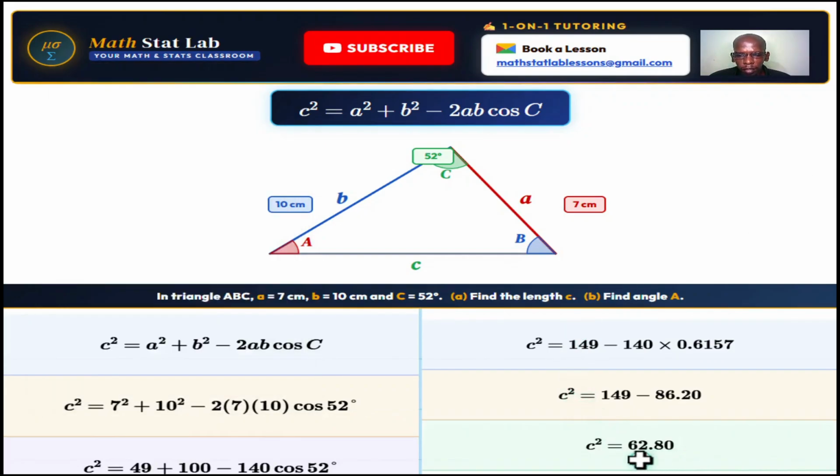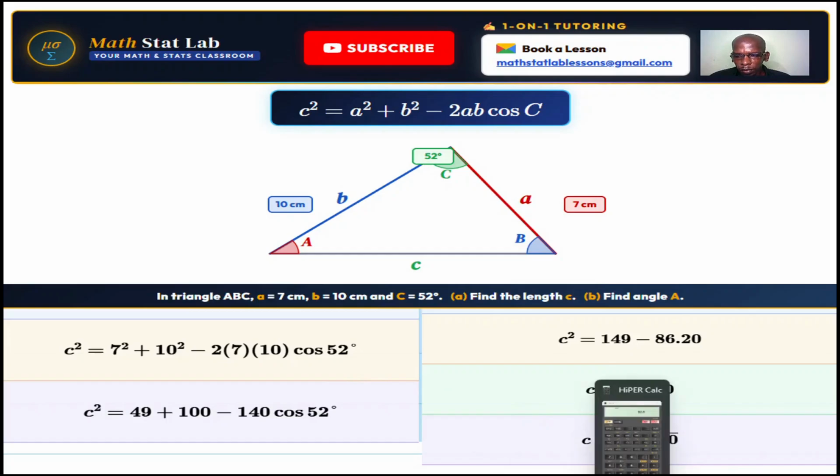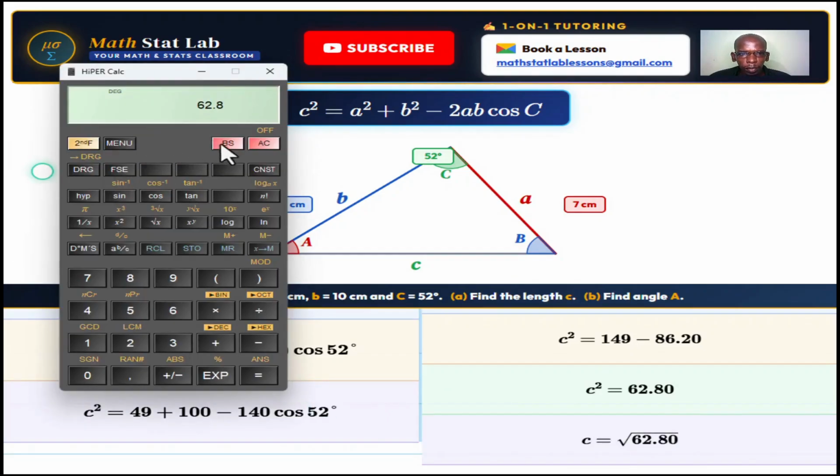So c squared is equal to 62.80, but we don't want c squared, we want c itself. To get c itself, we only need to find the square root on both sides, so it will be the square root of 62.80. We can take it again from the calculator.